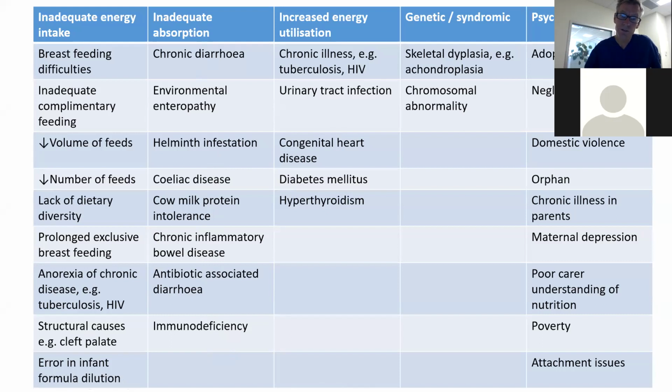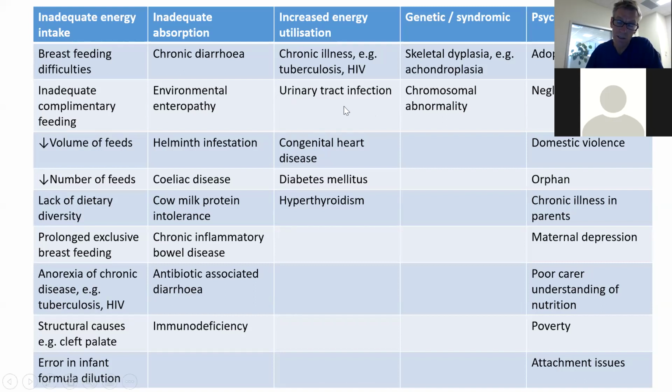And the third physiological mechanism is increased energy utilization. That is, the body needs more energy but can only get the normal or a reduced amount of energy. And so if children have a chronic illness like tuberculosis or HIV, they sometimes will have increased energy utilization, but at the same time they'll often have reduced energy intake and sometimes inadequate absorption.